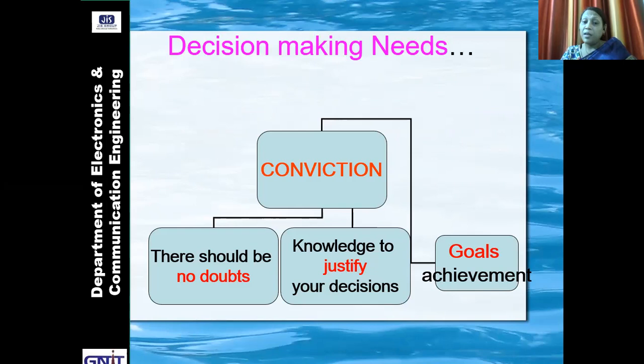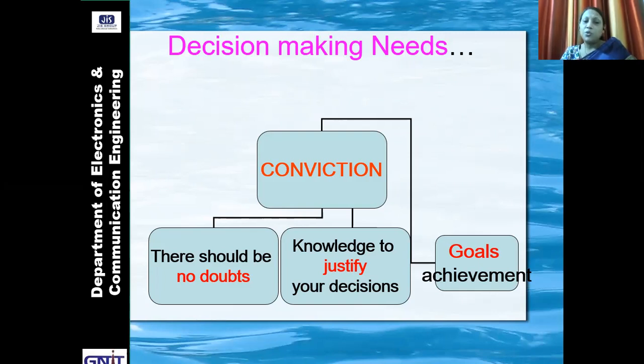Knowledge to justify your decision, because you have sufficient knowledge so that you can justify your decision. Until and unless you have plenty of knowledge on that particular field, you can't decide anything or justify any decision. And thirdly, goals or achievement. What I want to achieve.